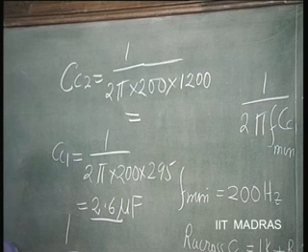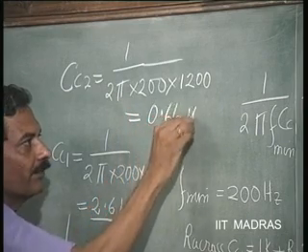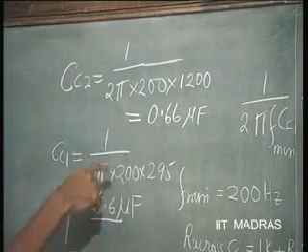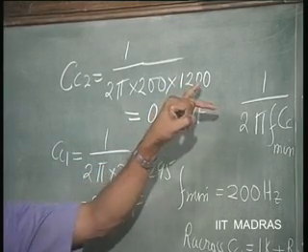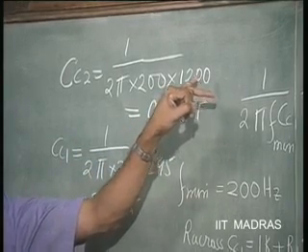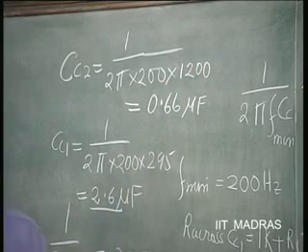Fine. 0.66 microfarad. This is about 1/4 this, because it is to offer only a resistance of 1200 ohms, whereas this has to offer about 300 ohms.